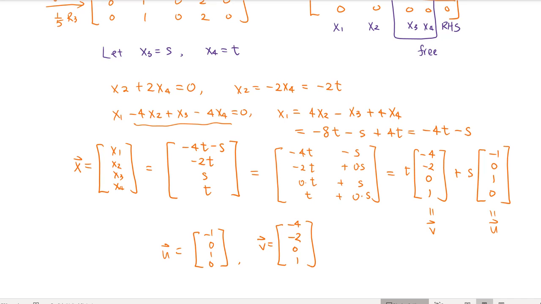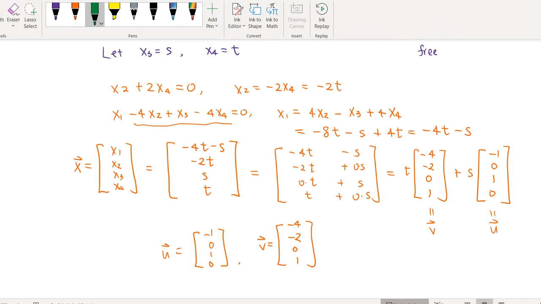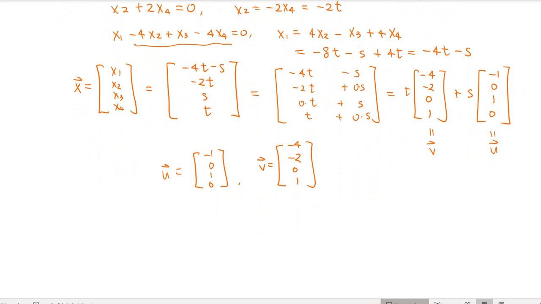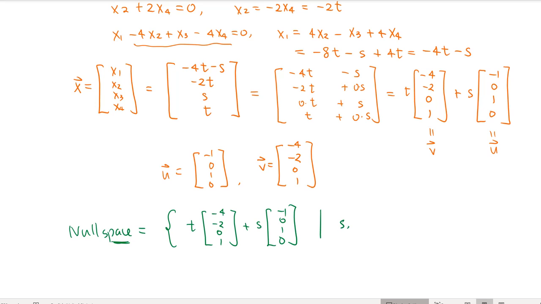Sometimes you need to read the problem carefully. So if the problem asks you to find the null space, what do you do? Well, the null space, which is the solution space, is a space. So it is a set. You can write it as s times minus 1, 0, 1, 0 plus t times minus 4, minus 2, 0, 1, such that s and t are real numbers.